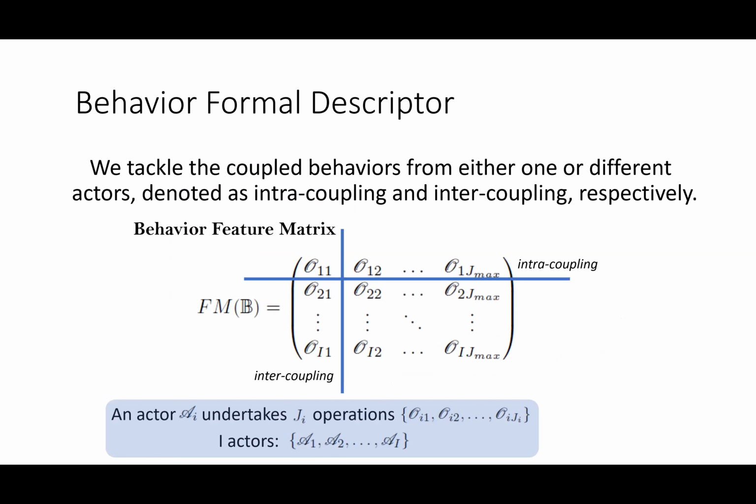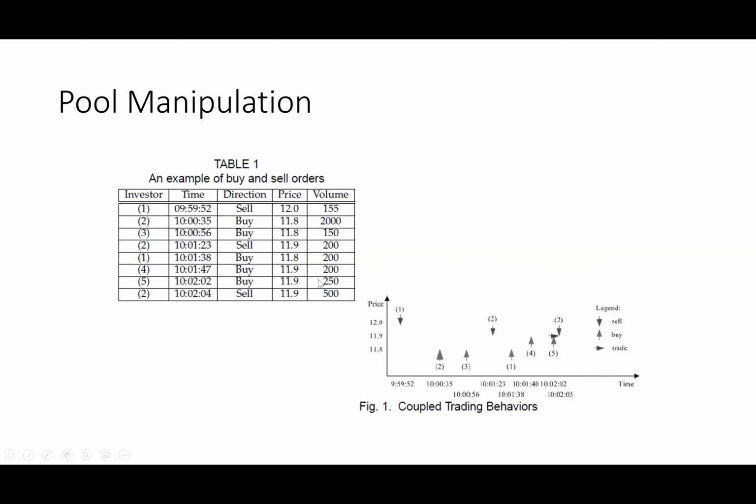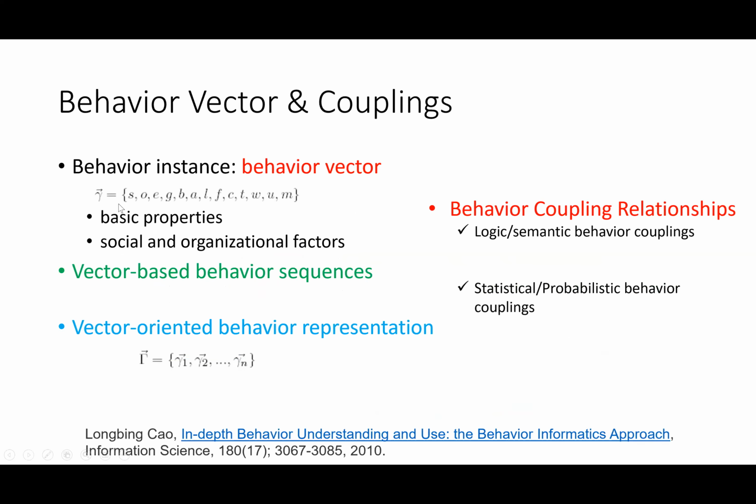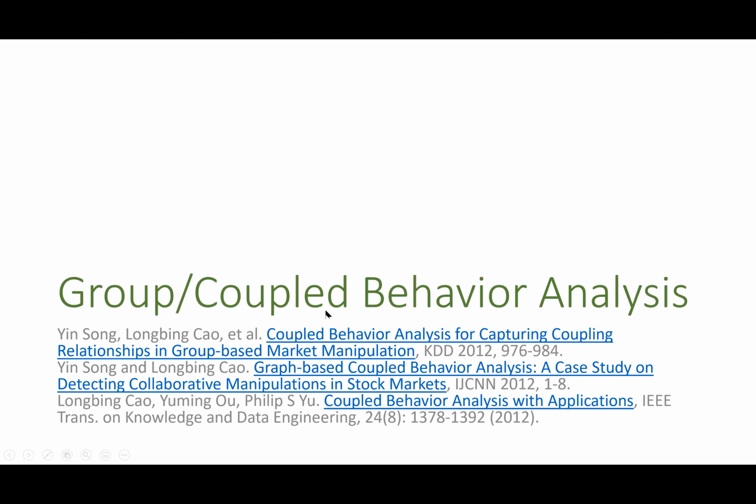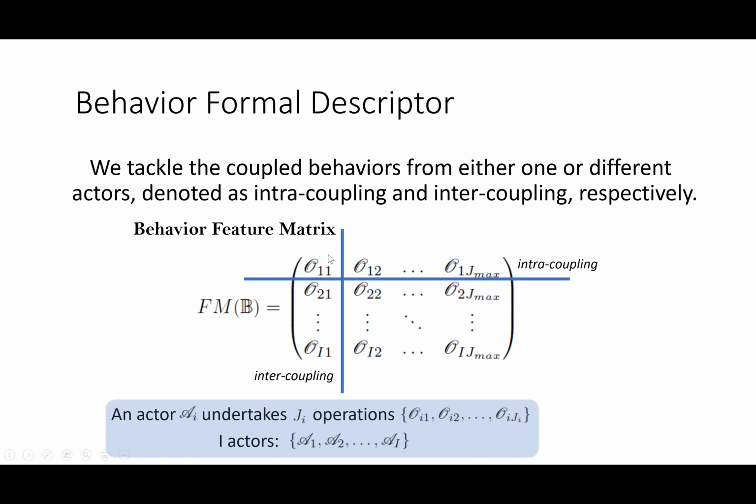To do that, after we have this for each behavior, we build the behavior representation as a multidimensional vector. Each element refers to a multidimensional vector, each row relates to one investor's behavior at different time windows, and vertically we refer to multiple traders, right?